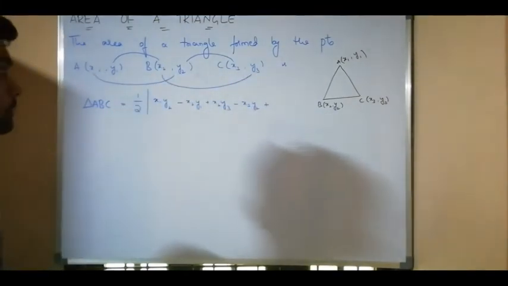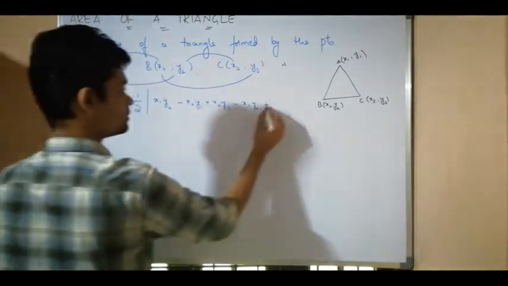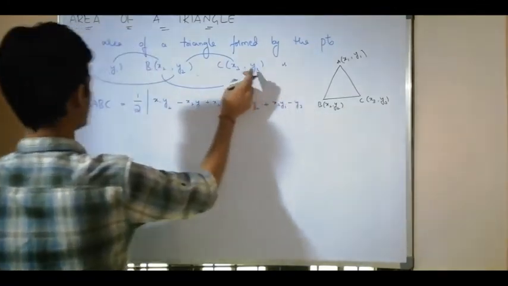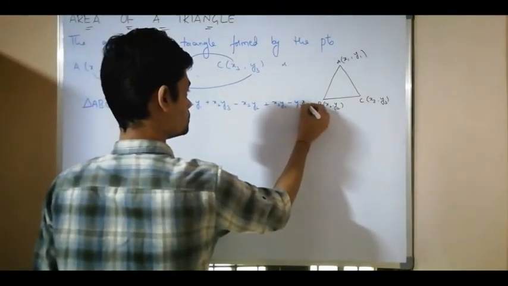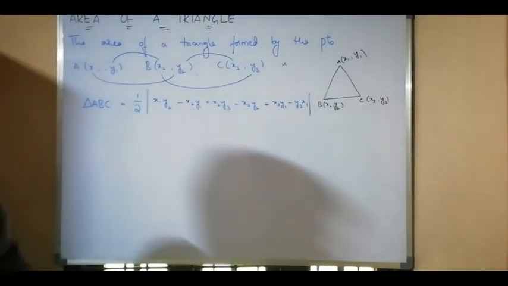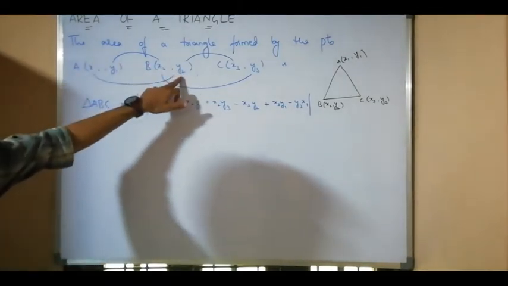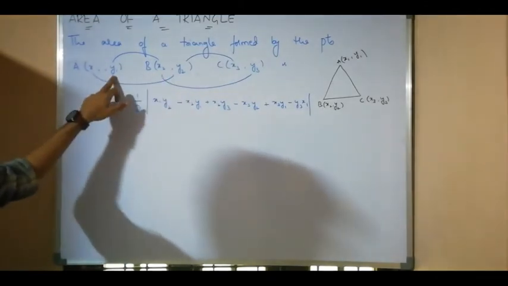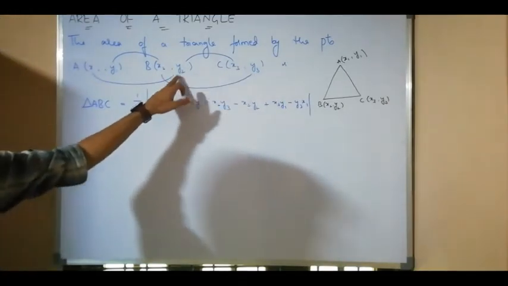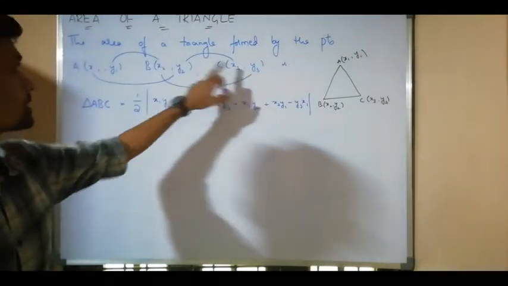Now CA: x3 y1 minus y3 x1. This is the formula for area of a triangle ABC, that is half modulus of x1 y2 minus x2 y1 plus x2 y3 minus x3 y2 plus x3 y1 minus y3 x1.